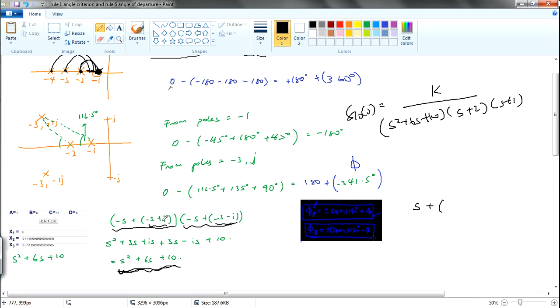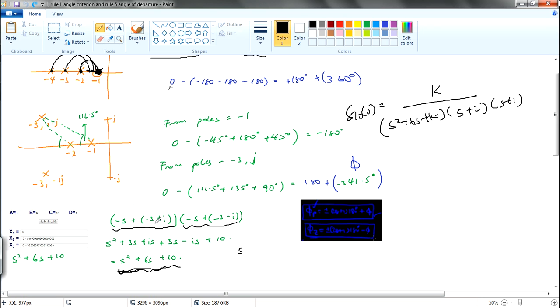Typically you will use the quadratic equation, b squared minus 4ac, to solve. But I just want to let you know that if you happen to have s squared plus 6s plus 10, make sure whatever is in front is negative. That's all. The rest you figure out yourself.